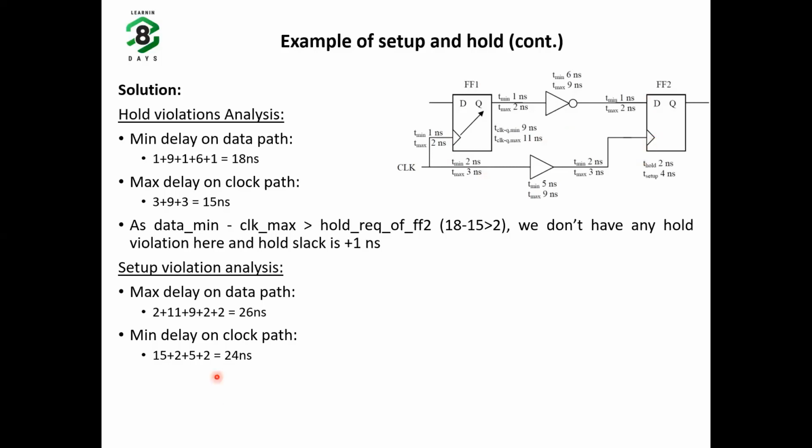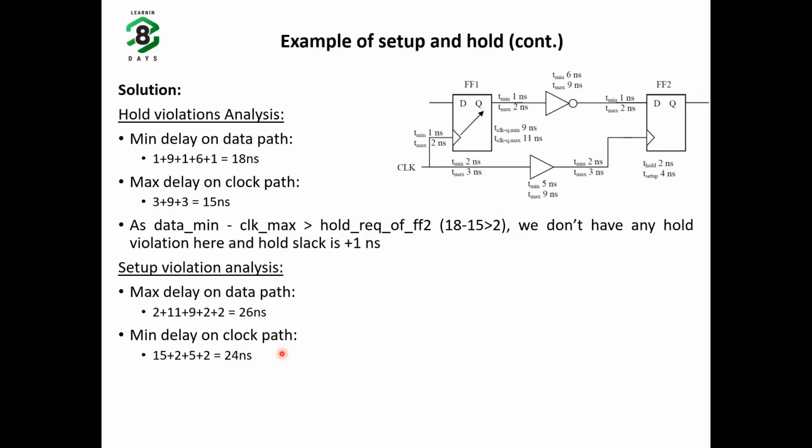So at the 24th nanosecond, the flop is trying to capture the data. But do we have the data ready? No. Data is reaching 2 nanoseconds later. To be worse, we have a setup requirement for this particular FF2, which is 4 nanoseconds, which means we are 6 nanoseconds late.